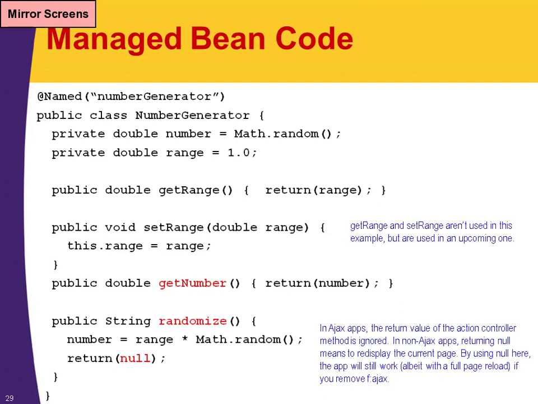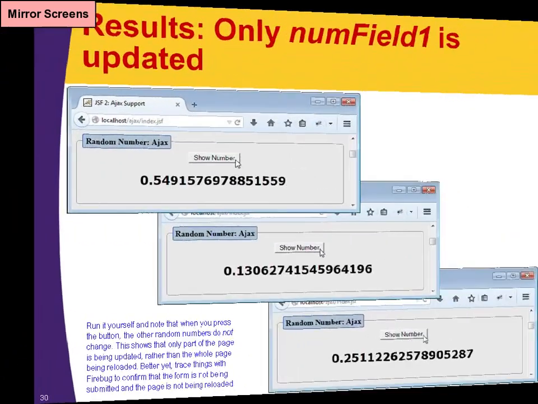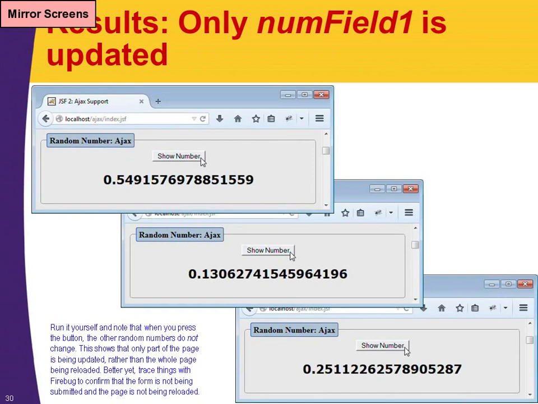Randomize is returning null. It's not returning the value, because the number property in the managed bean is getting updated, and getNumber will get that value which has now already been updated. Unless you could run this, I can give you the code for all of this stuff too if you want.